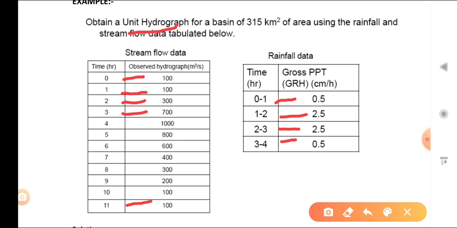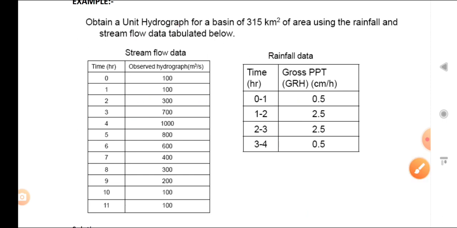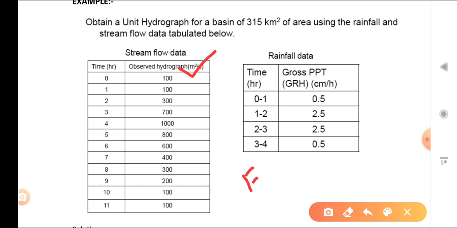So what is given is the ordinate of the flood hydrograph, and we have to find the unit hydrograph.